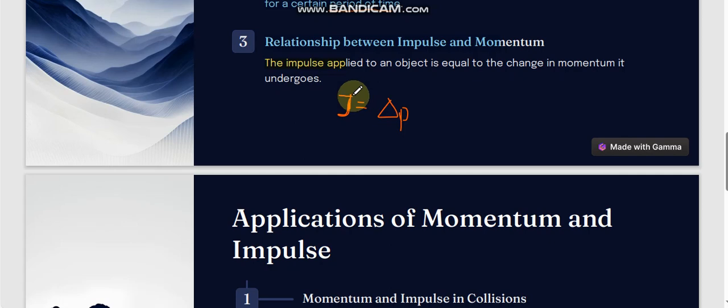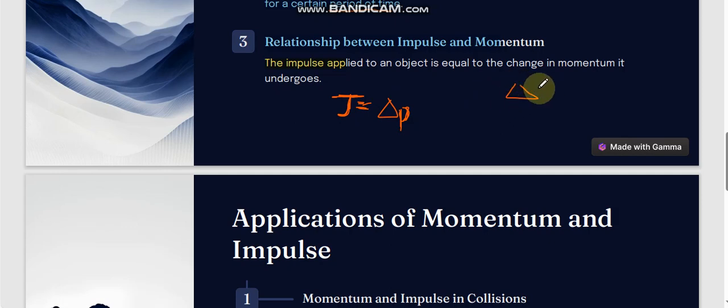The notation is J, the capital letter, equal to the change in P. This P stands for momentum, and this delta simply means the change, which is final minus initial.